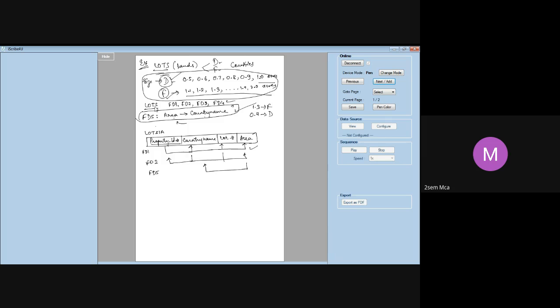This 1 and 2 we have already seen satisfy the 3NF. Now, is this lots 1A in 3NF? And is it in BCNF? Can somebody answer me? Is it in 3NF?